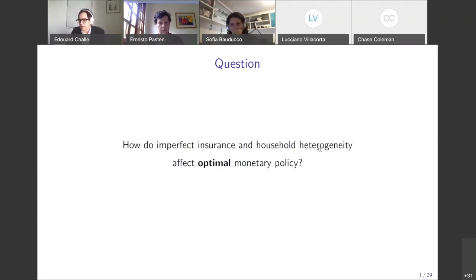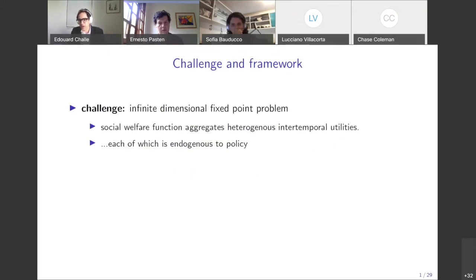The reason is that taking into account incomplete markets raises the complexity of the problem by several orders of magnitude relative to considering other frictions. When you solve an optimal policy problem with heterogeneous agents and idiosyncratic risk, you're basically solving an infinite-dimensional fixed point problem.